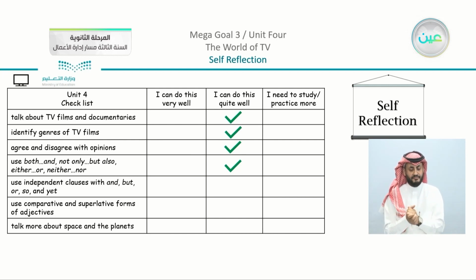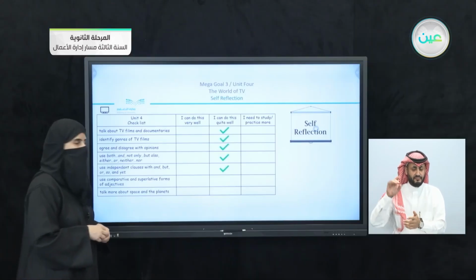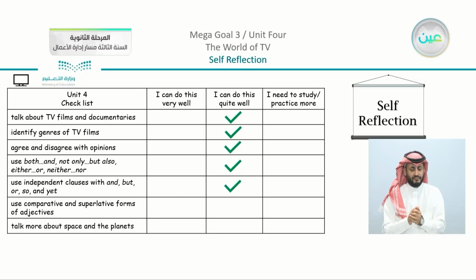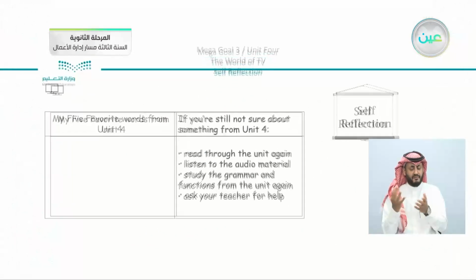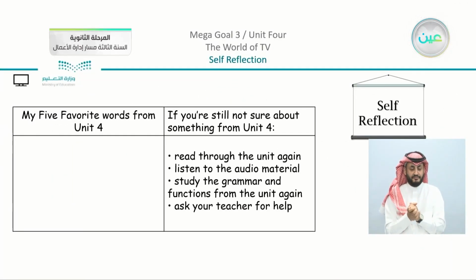We have also use independent clauses with and, but, or, so, and yet. All of these, we can use them in sentences. So this was quite easy to apply. We have to use comparative and superlative forms of adjectives, and to talk more about space and the planets. So we can find that Unit 4 was actually an interesting unit to study.